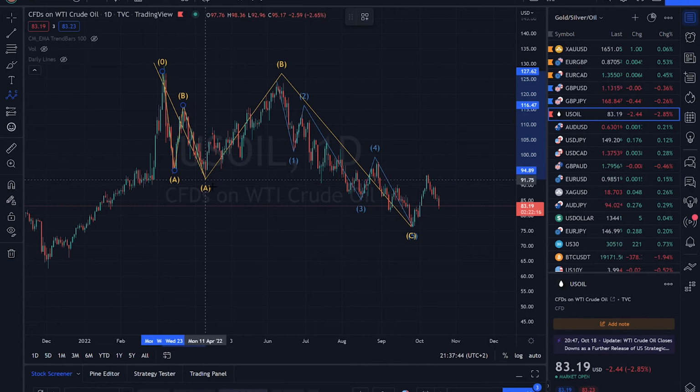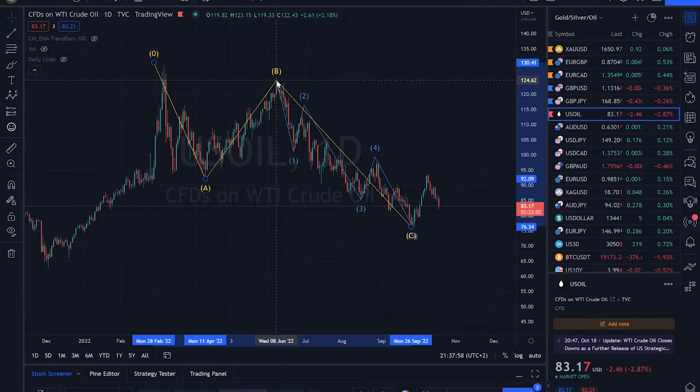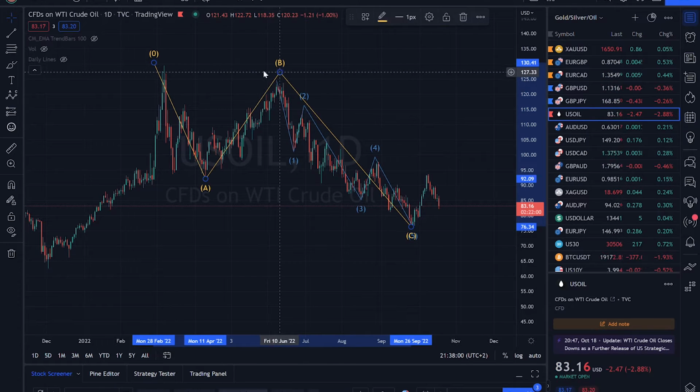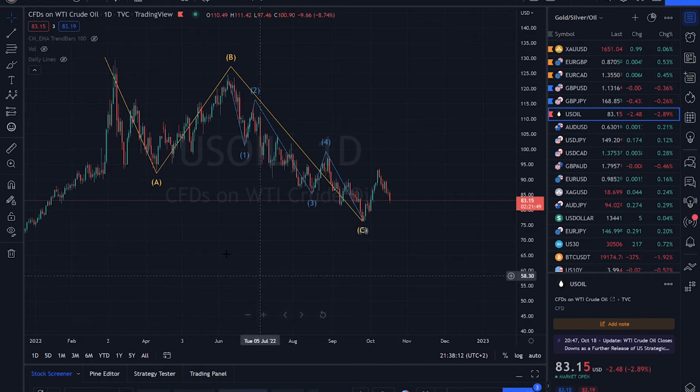A, B, C. So when we have an ABC within a wave A, that again tells us that the uptrend is strong and that the wave B would usually go all the way back up to roundabout the start of the wave A, which is exactly what it has done. And then we have our 5 waves down for the wave C, which tells me that this whole cycle, 5 waves up and the ABC down, is now complete.